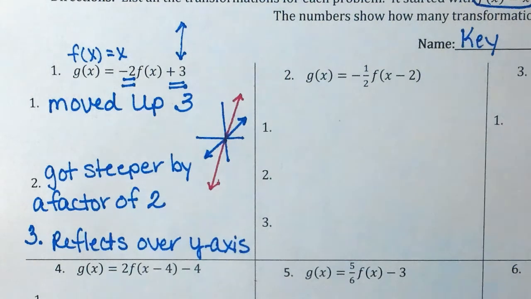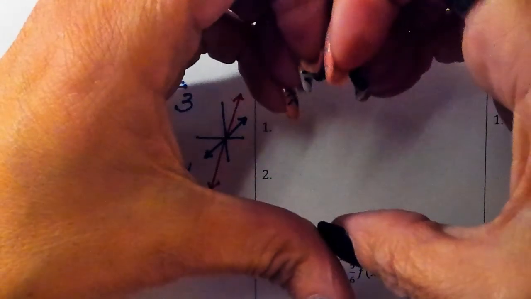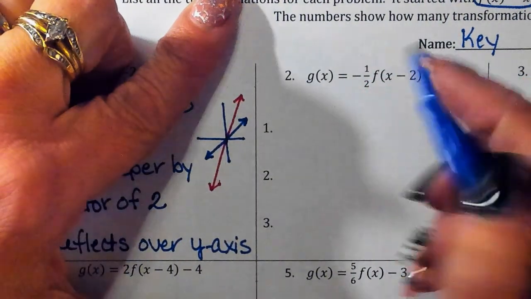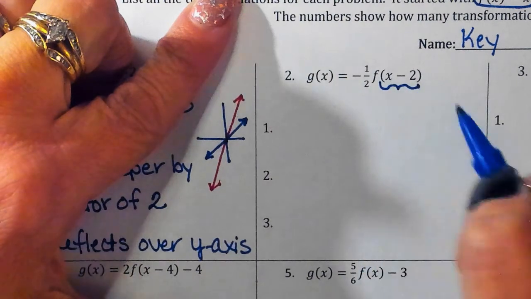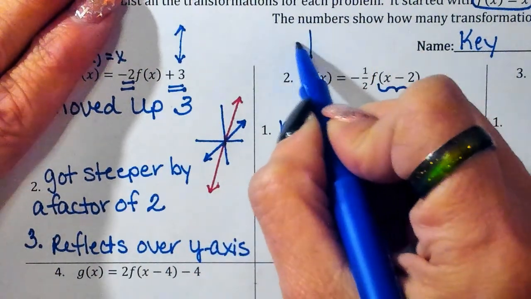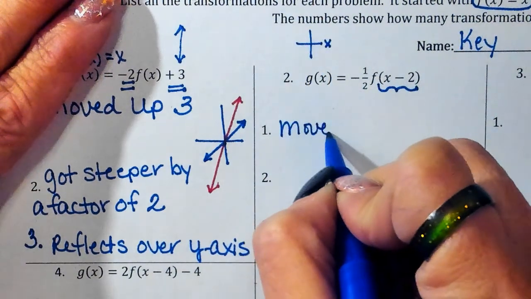Okay, right here, I see a movement with the x. I see a little relationship right here with the x. When you move with the x, you're going to move horizontally because the x-axis goes left to right. Which way did I go?